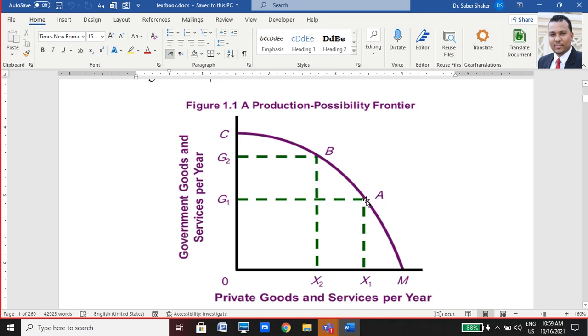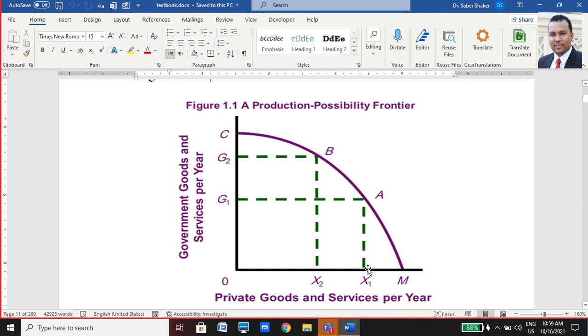So the production process shifts from point A to point B. The production of government goods and services increases from G1 to G2, against a decline in private goods and services from X1 to X2.